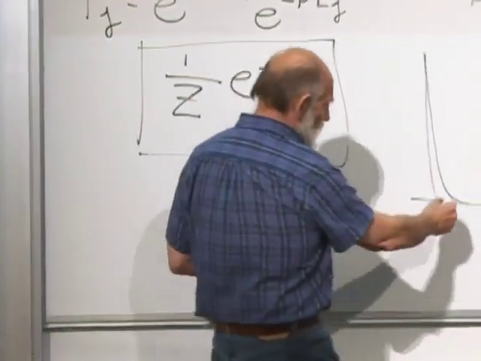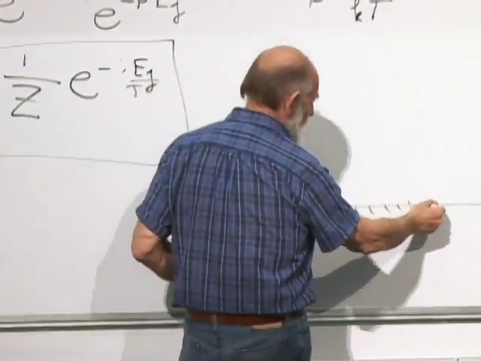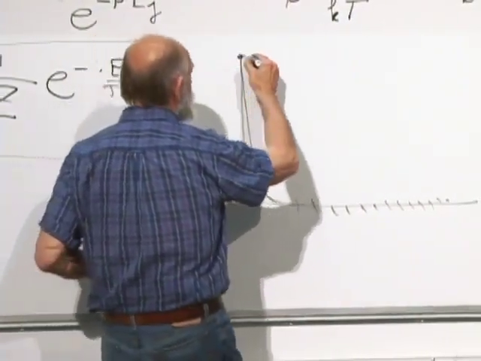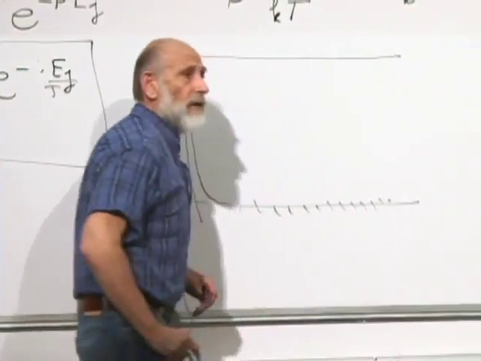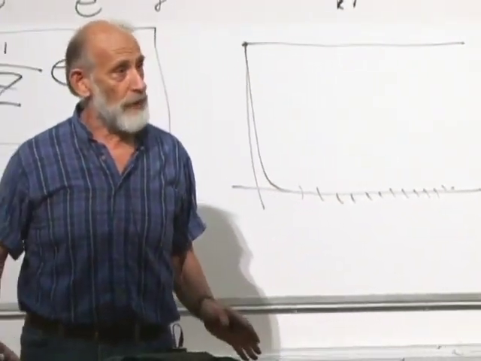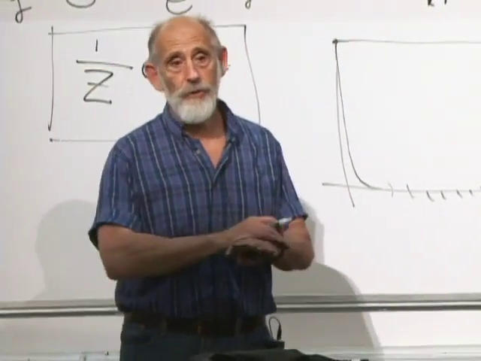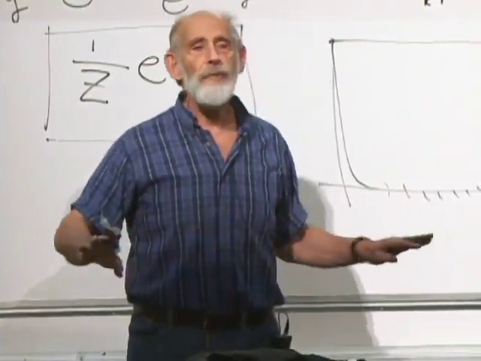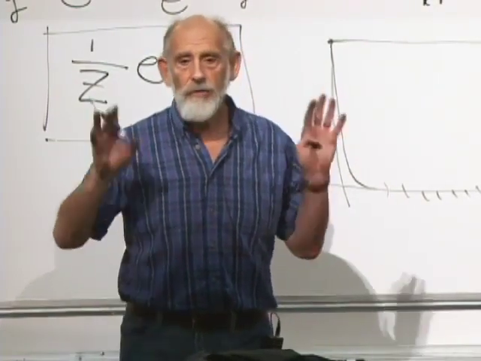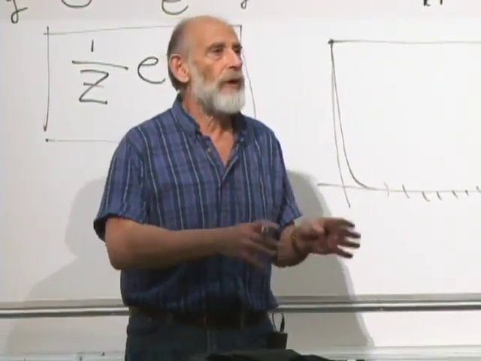These are all states. The distribution gets flat. All states become equally probable at infinite temperature. That's a state of absolute maximum entropy that you can possibly have. You know nothing about the system, so all are equally probable.